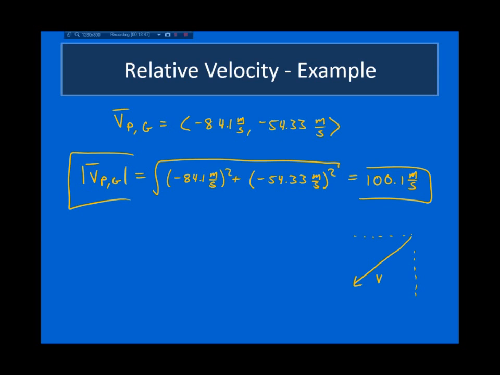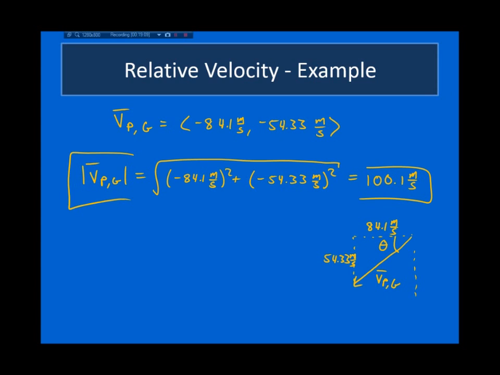Okay, this is the velocity of the plane with respect to the ground. And I know this, right? This is 84.1 meters per second. I know that this is 54.33 meters per second.